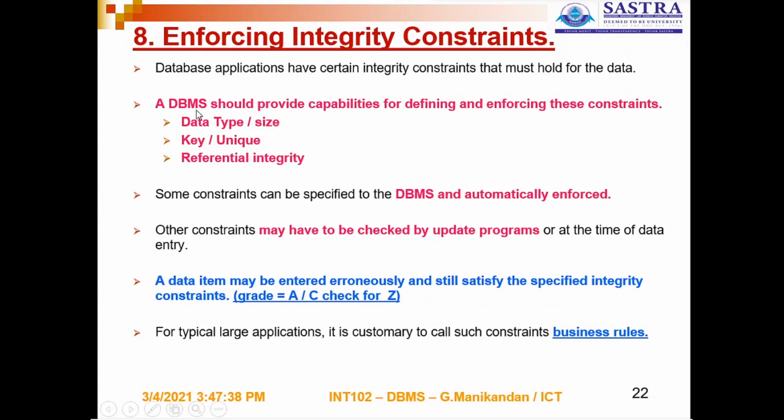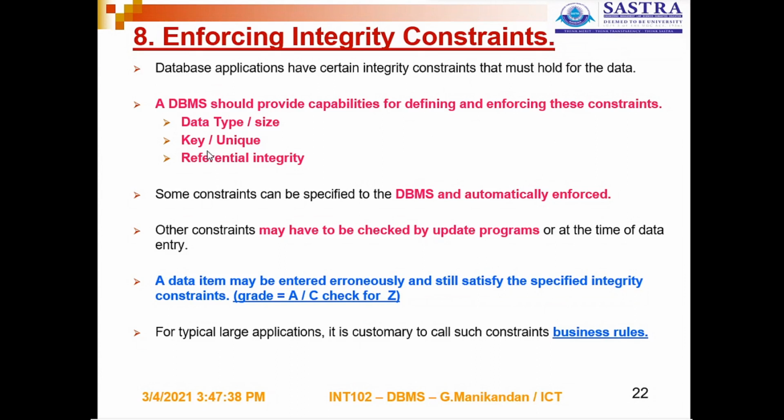So in addition to the data type and size, you can add a key field for the given database. So how to identify a record uniquely? For a table, I can identify one particular field as a key field. Which field is having unique value for all the records, that field will be designated as the key field for that particular table.